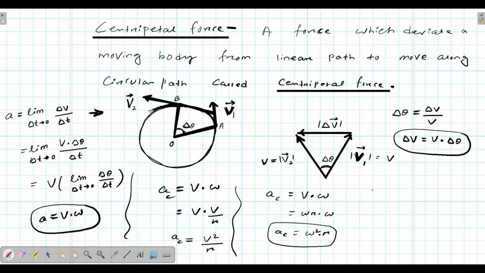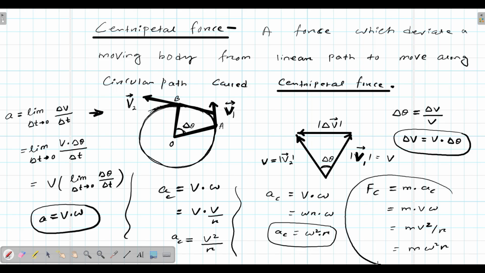So this is mass into acceleration, m V omega, m v square divided by r, m omega square r. So that is the formula for centripetal force.